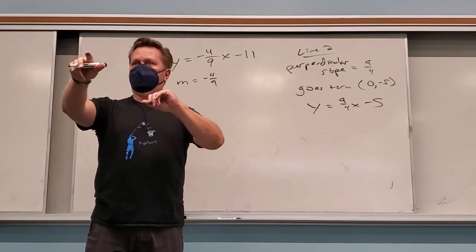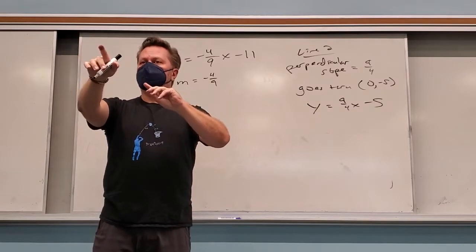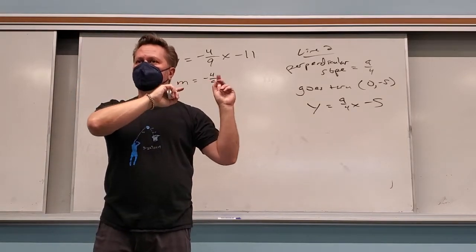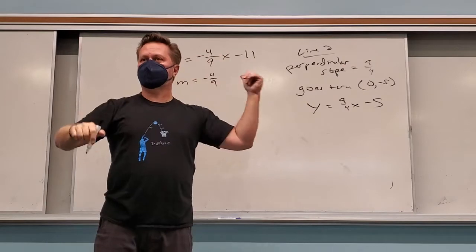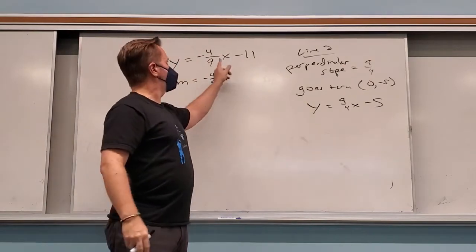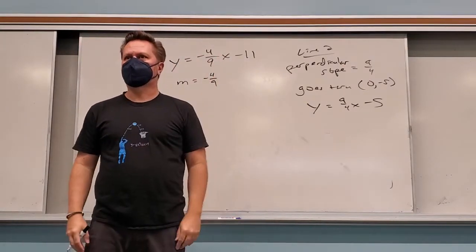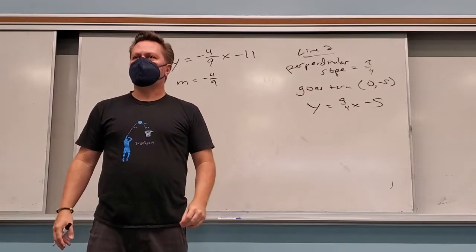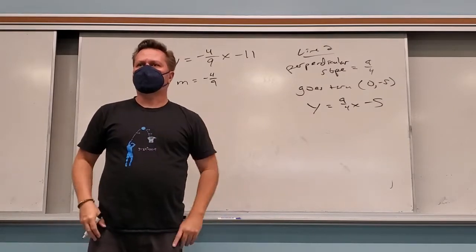Now, your problem is almost this. The only thing I did to you that wasn't this was I didn't solve that one for y. The line equation I gave you wasn't solved for y.